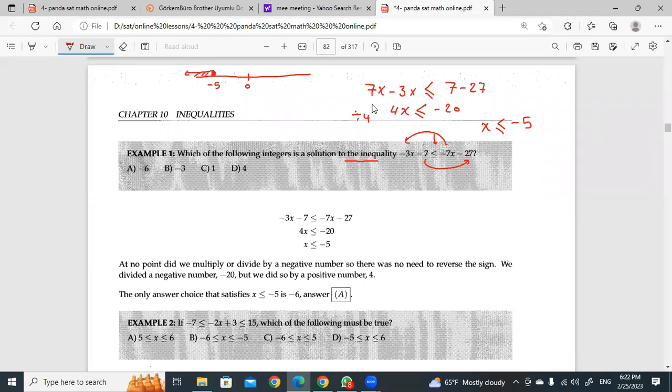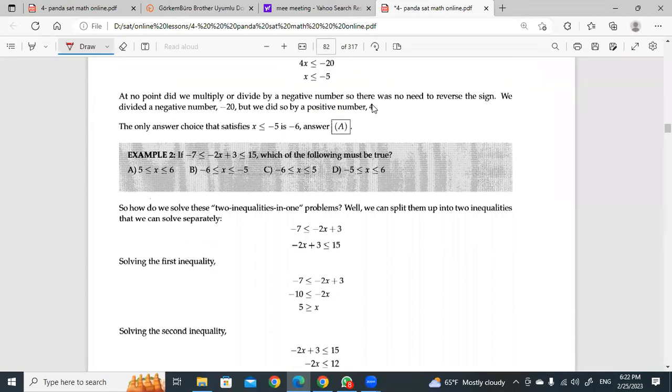Don't get confused with the problem and choose this. The negative 3 is not here with me. So I will choose the negative 6. Clear? Okay.